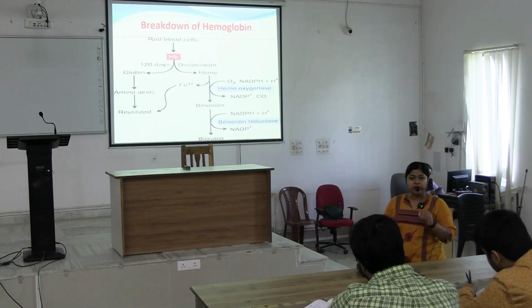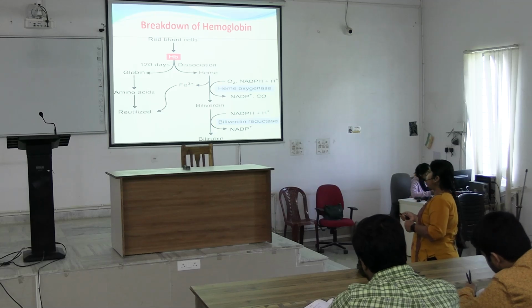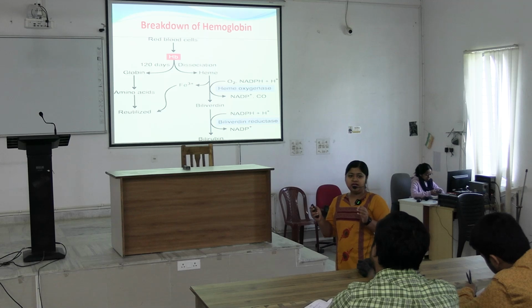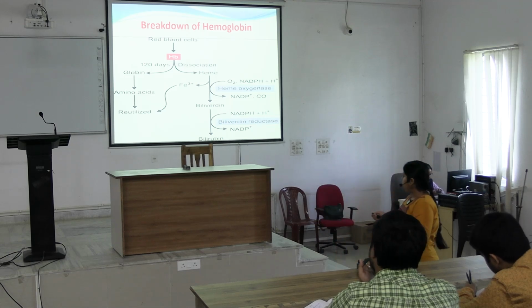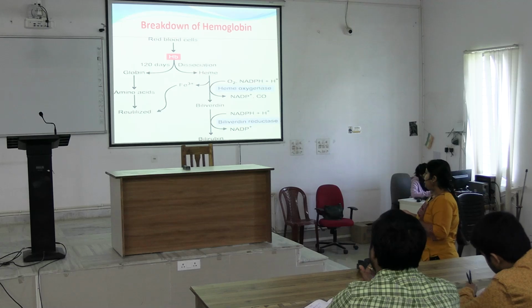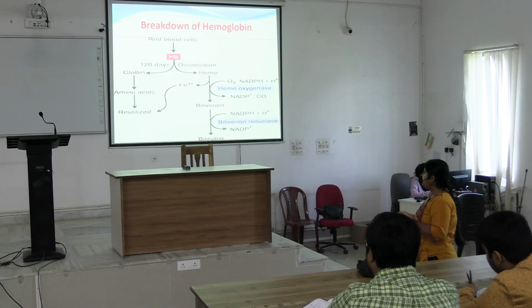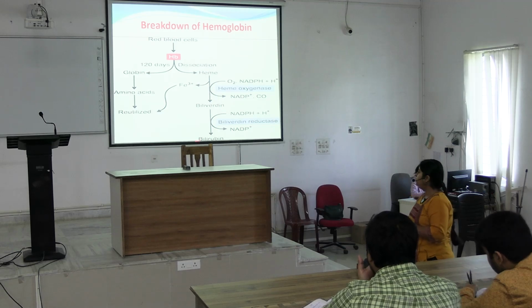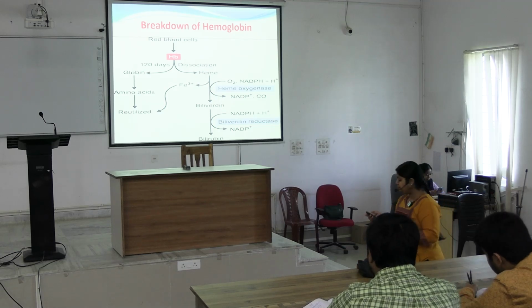Our body produces carbon monoxide. Now biliverdin is a green colored tetrapyrrole linear chain. By further activity of the enzyme biliverdin reductase and again the same cofactor NADPH, it is converted into bilirubin. Bilirubin is a yellow colored compound.